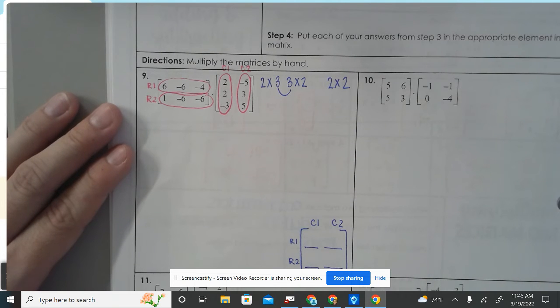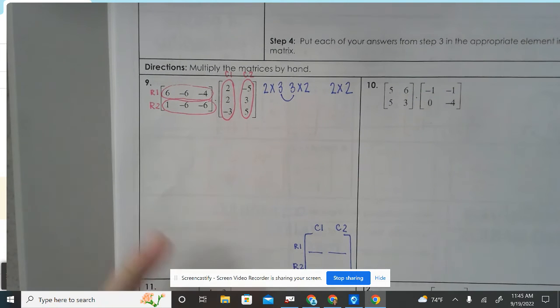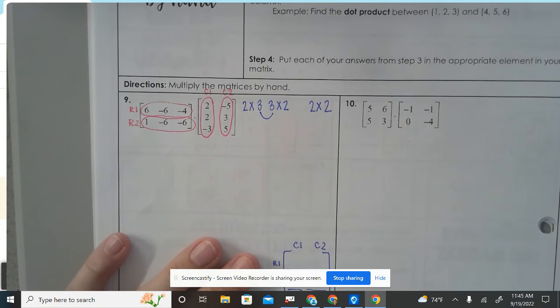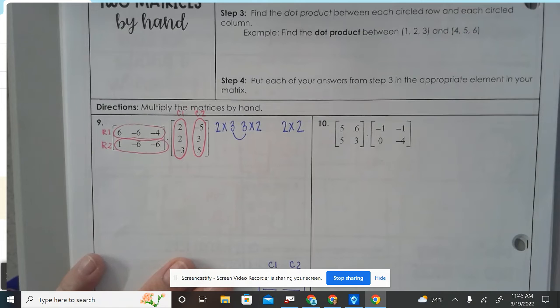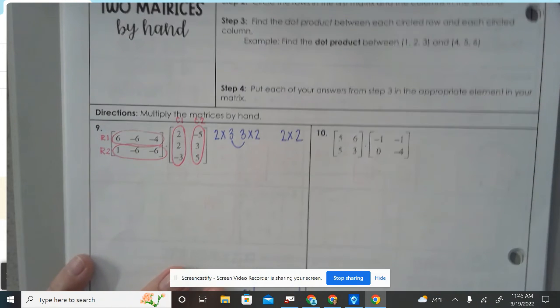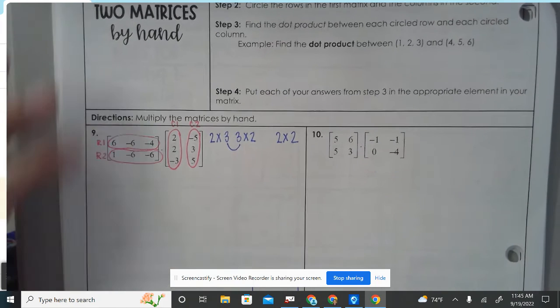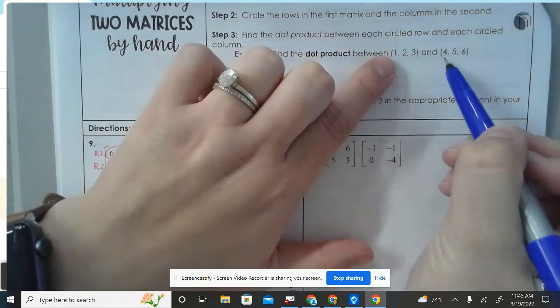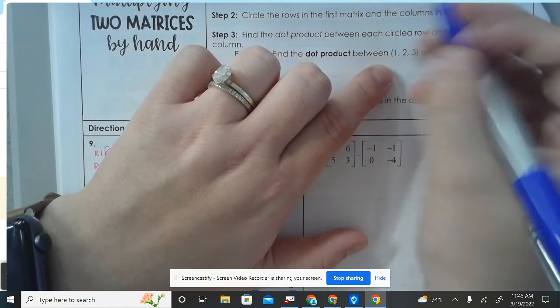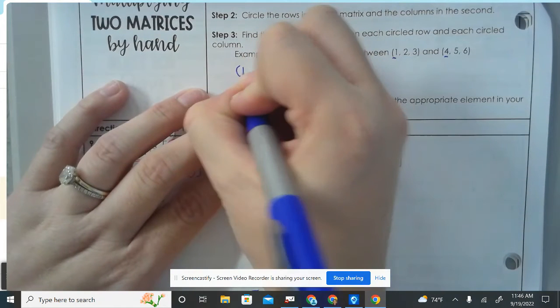Step 3 says find the dot product. That is something that you have never learned before, so I'm going to show you what the dot product is. I don't know where it got its name, but what you do is you multiply the first numbers, the 1 and the 4.